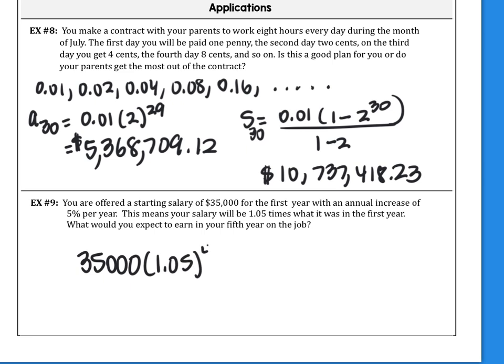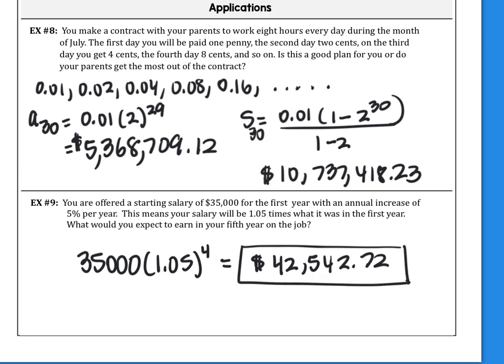The 5th year, you would have 4 pay raises because you don't get a pay raise on your first year. And you just plug this in your calculator, and that gives you $42,542.72. All righty, you have finished your notes for today.